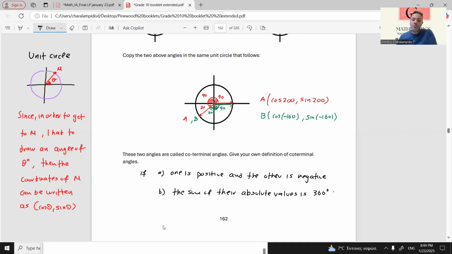So this is the most common definition of coterminal angles. One of them is positive, the other is negative. If we add their absolute values, we should get 360.